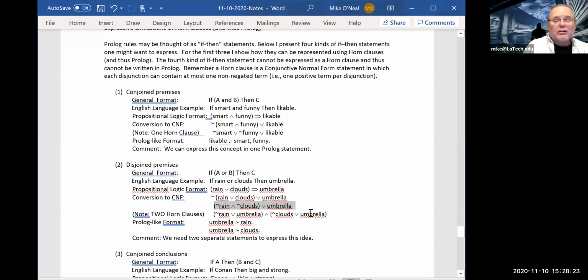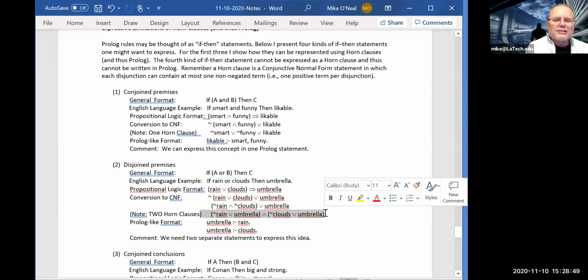But here's another little trick that you can do, and we're going to talk about these tricks again next time. If you've got something that is an expression that's anded, and then there's an or element to it, you can distribute the or over the and, and actually get two disjoined clauses that are conjoined together.